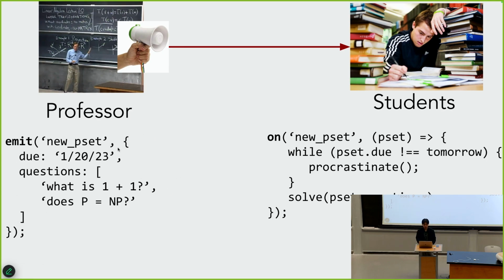So this object that was passed in is what the callback function on the client side takes in as an argument. So if we take in the pset as the argument, then we can do stuff with the pset, looking at the fields, like if pset.due is not tomorrow, then do something, and then we can access the questions as well.